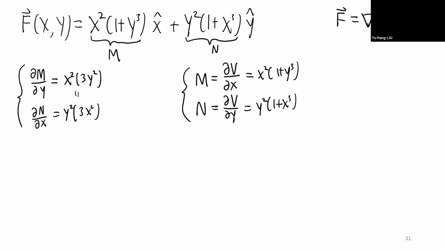If I take the first equation, partial v, partial x equals x squared times 1 plus y cubed, and integrate both sides with respect to x, then v equals the integral of this, which is x cubed divided by 3 times 1 plus y cubed.